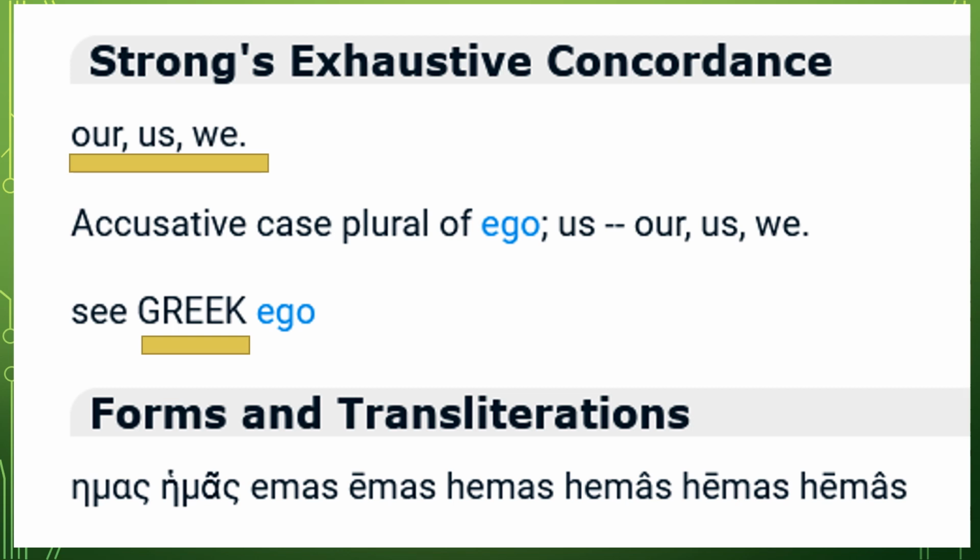However, when you go into the translations and you look at the King James Version, you see that there isn't really, according to the translation, a word our or us in there. And so it looks like it was perhaps inserted in there.